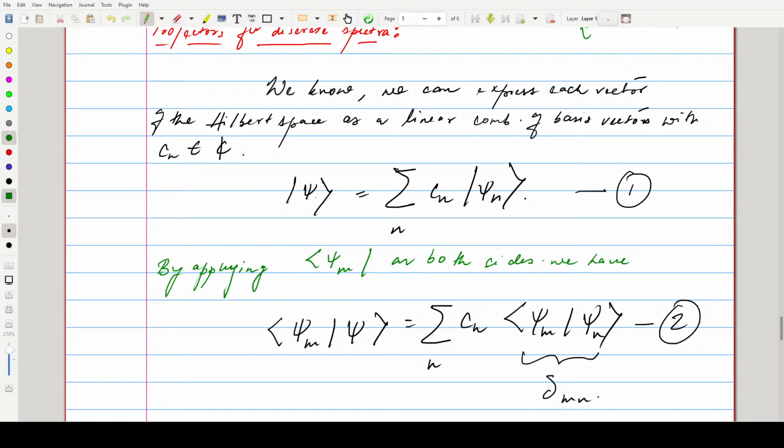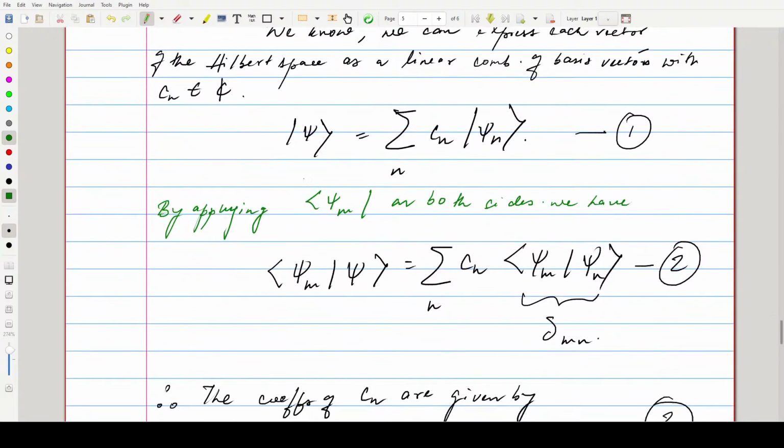And so we now apply some sort of bra operator on both sides. So we are taking it over here, which means we're going to be taking it on here as well. Note that this phi m and psi n can be orthogonal, or they can be projections of that vector.